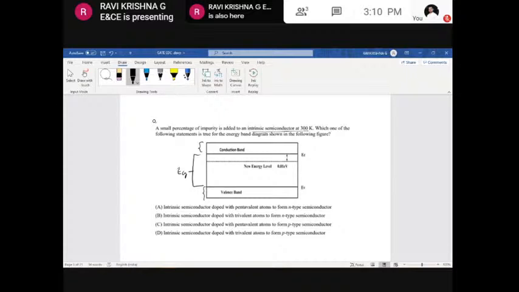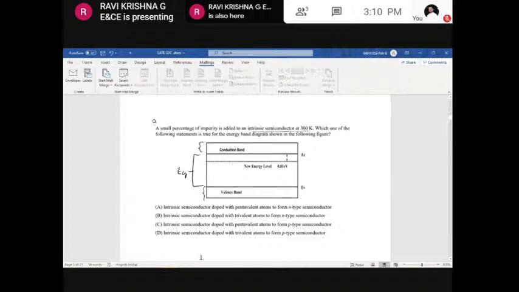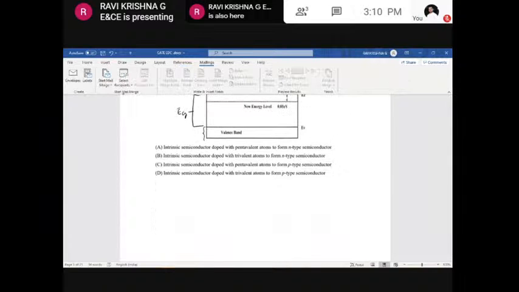Before moving on to the options, we need to understand one thing. Whenever an impurity atom is added into the semiconducting material, it introduces an energy level within the band gap.